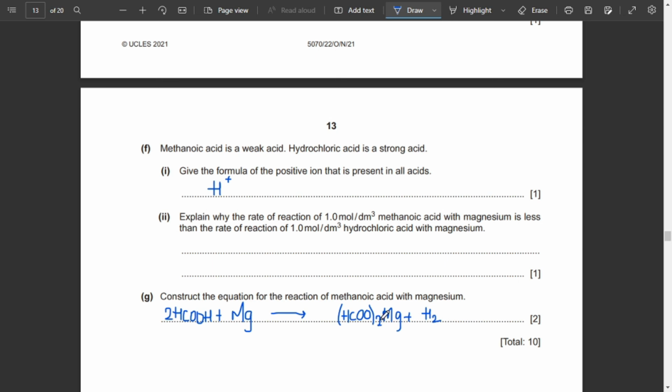It will be Mg(OOCH). If you are writing Mg over here, make sure to write OOCH and then 2. But since I was writing HCOO, I had to mention Mg in the end. That's all. It's not a big deal.